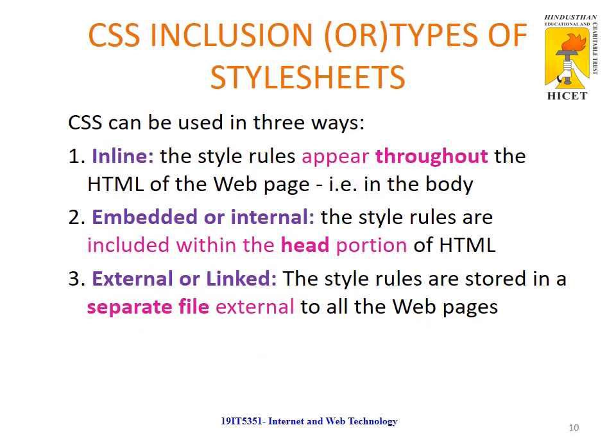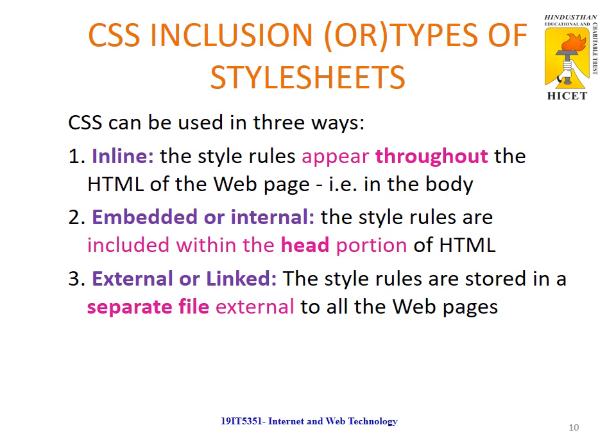The next topic is cascading style sheet inclusion, or the types of style sheet. Cascading style sheet can be represented in three ways: inline, embedded or internal, and external or linked. In the inline cascading style sheet, the styles appear in each and every line of the web page, so it is represented inside the body section.